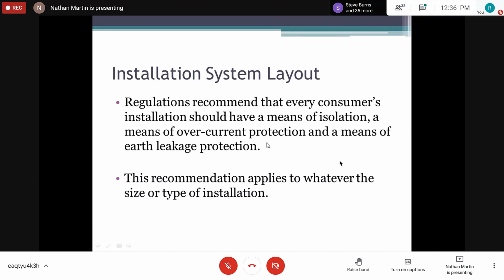Now, regulation recommends that every consumer installation should have a means of isolation, whether it be the IEE regulation, the NEC regulation, or our local regulation.